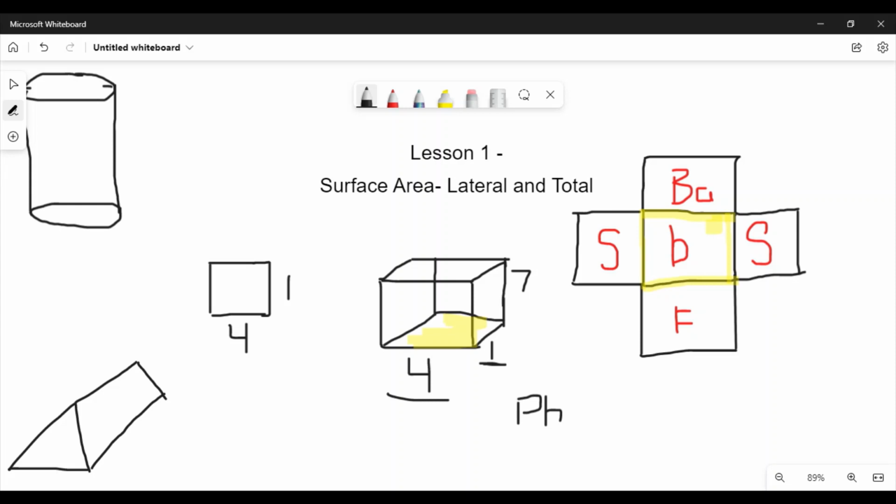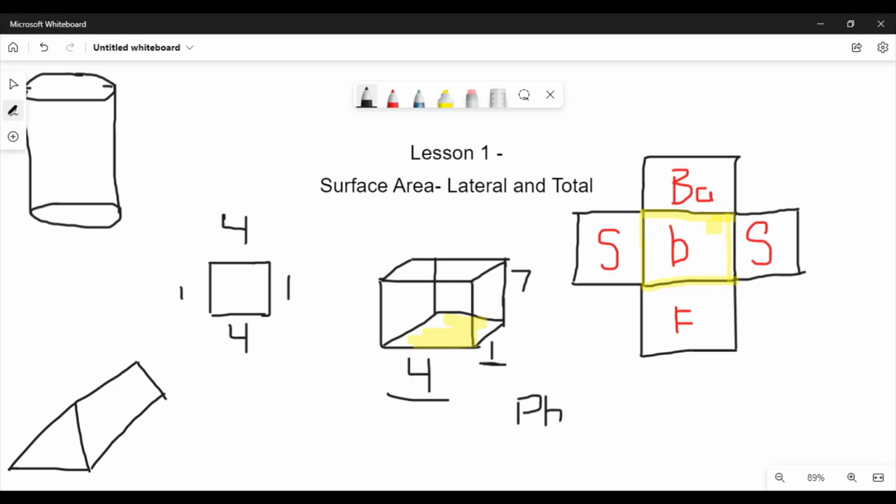And we're just going to do the same for the front and the side, or the back and the side, because the front has the same length as the back, and we know that because the front and the back are always the same when you multiply. That's why we can do the triangle method for the total surface area.